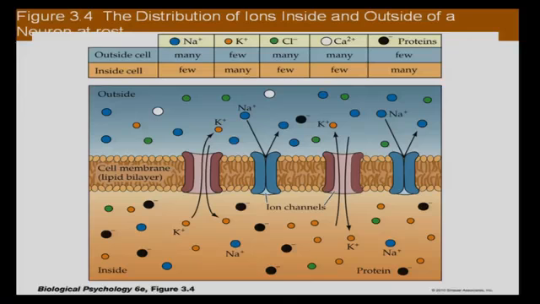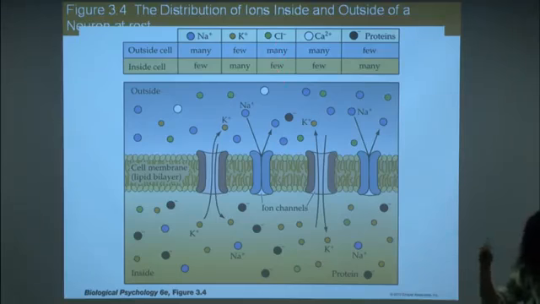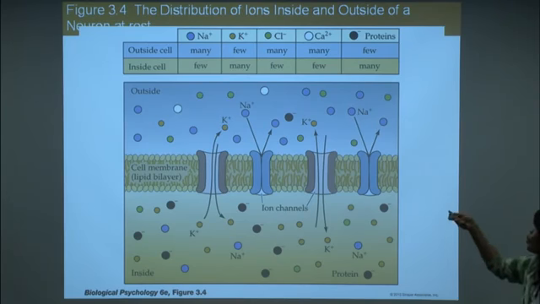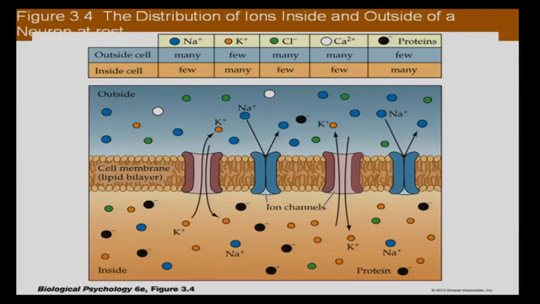So when the window is closed, you can't go in, but when it's open, if there's not very many of you on the inside, you flow into the inside. But you can't flow too much because it's already negative in there. But you're flowing down your gradient, and that flow of chloride is causing the subtle hyperpolarization that we're talking about during an IPSP. Okay? Does that make sense?